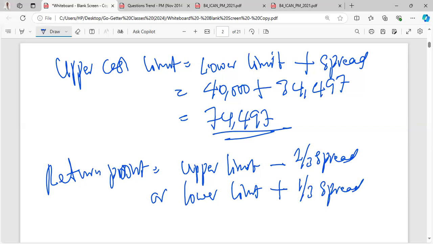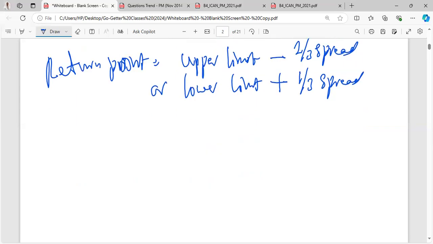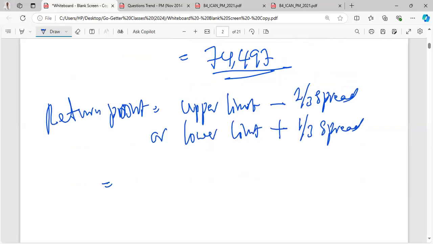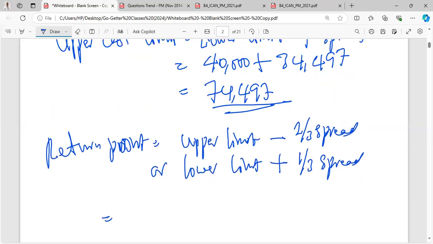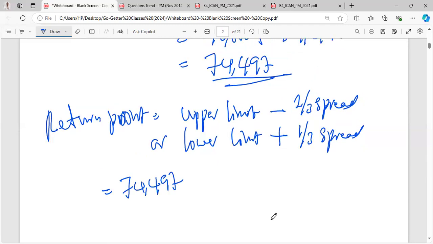So let's check each of them. You don't need to do the two of them, but we'll do the two of them to confirm. So upper limit, sorry, 74,497 is the upper limit. Then minus 2/3 of 34,497. Let's see what we get.